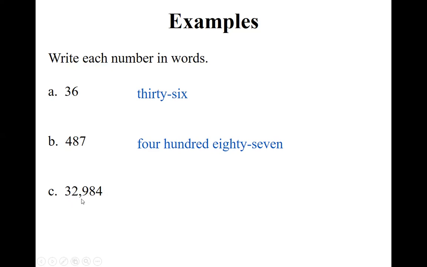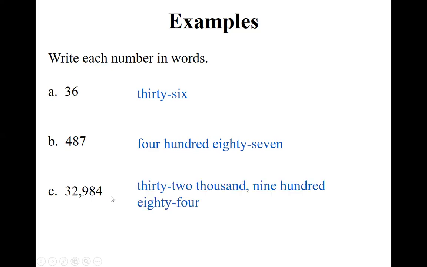In general, when we see a comma, we say a period. 32,984. The 32 and the 84 are in position to take hyphens. 30-2,000, comma where comma is. 984, 80-4.